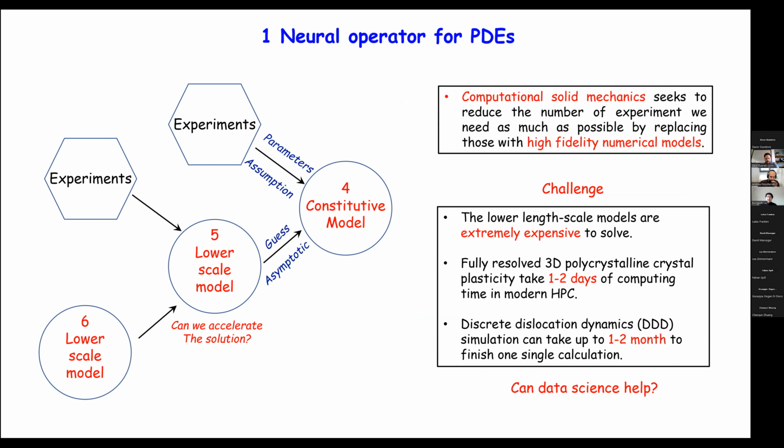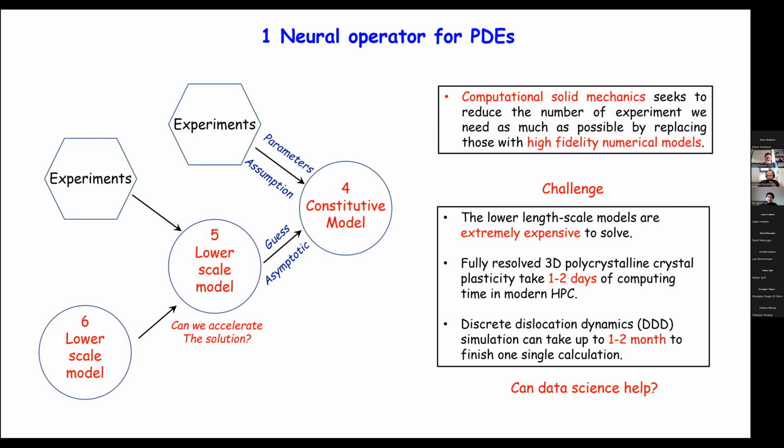The key challenge is that these low length scale models are extremely expensive to solve. And just to give you an idea, if we want to solve micro scale metals, basically what we call three-dimensional polycrystalline crystal plasticity models, we model every grain of the metal at the micro scale. Then it will take 1 to 2 days of computing time on modern high performance computing to resolve all the details.